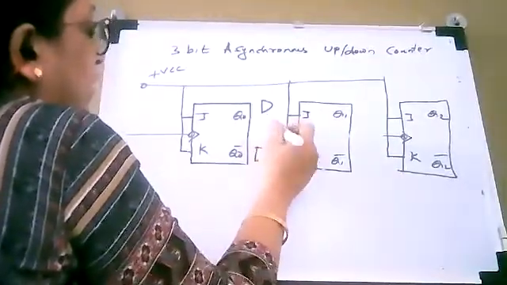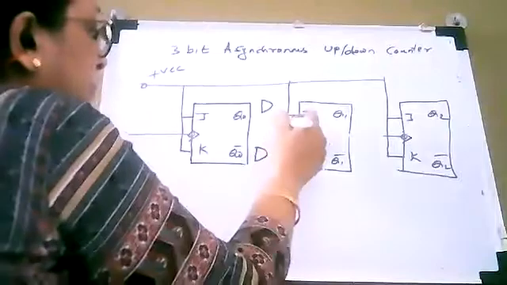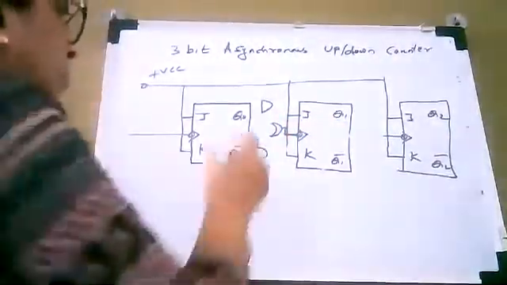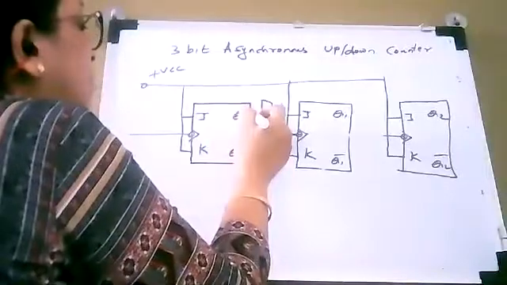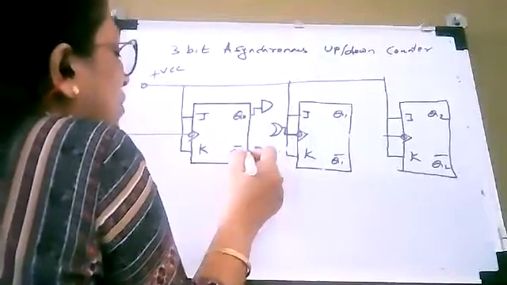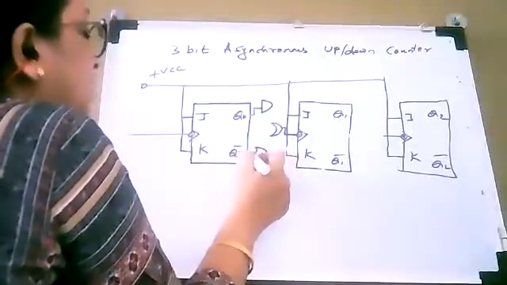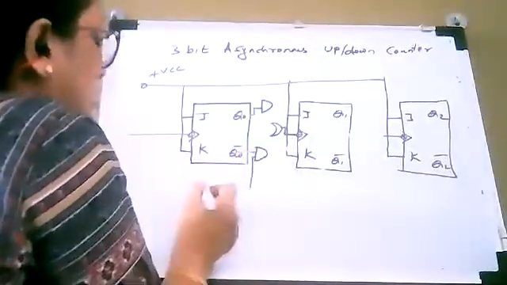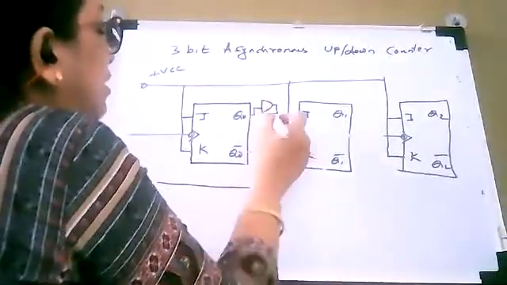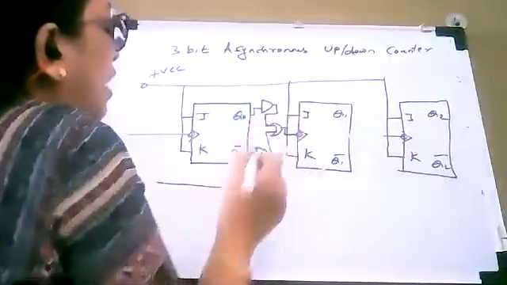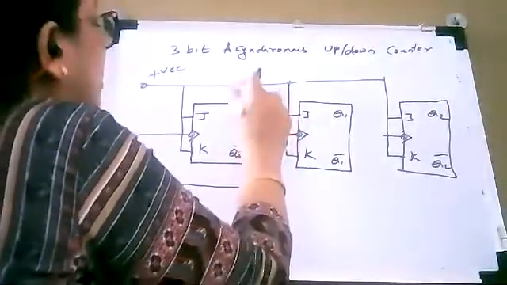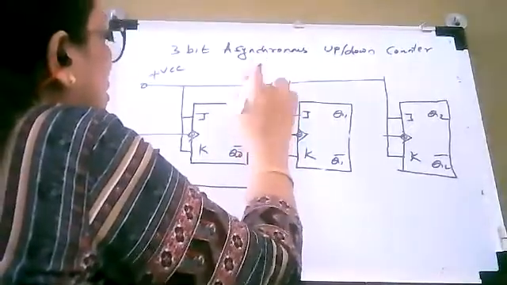The output of the OR gate is applied to the clock. Q0 will be applied as one of the inputs to AND gate number 1. Q0 bar is applied as one of the inputs to AND gate number 2. Outputs of AND gate number 1 and AND gate number 2 are acting as inputs of the OR gate.